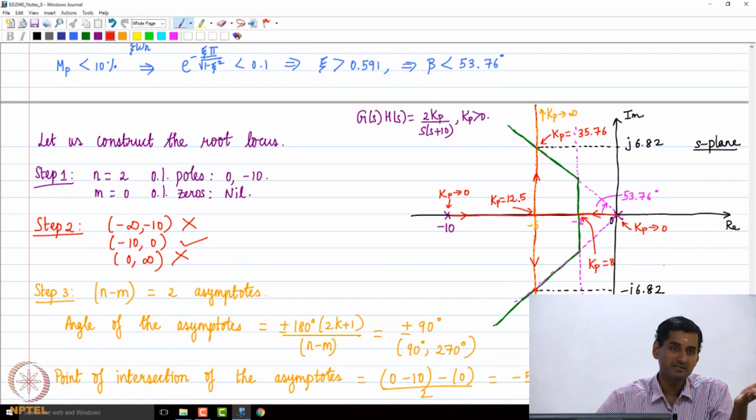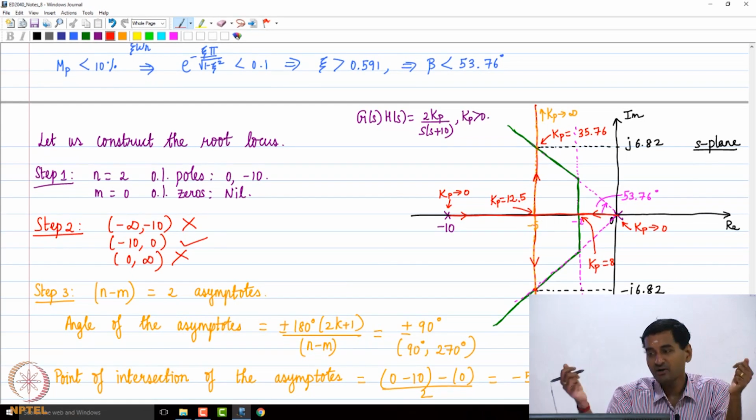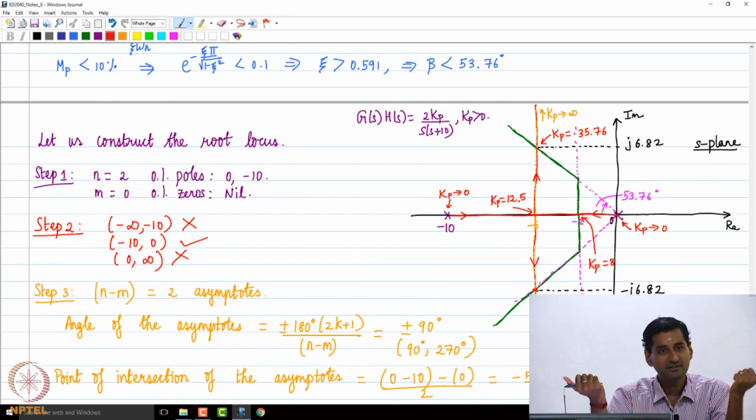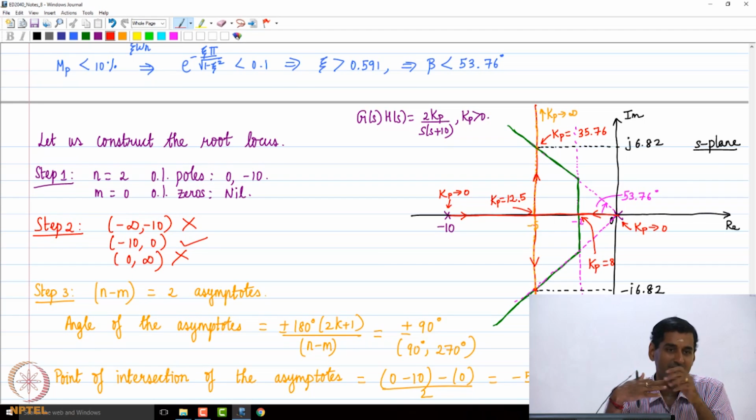They are the closed loop poles. So till Kp equals 12.5, you can immediately see that both branches are on the real axis. So then what can you say about the closed loop poles? They are real. If you have two real distinct poles for a second order system, what is it called? Overdamped, right. So at 12.5 they intersect, they become critically damped. And then beyond 12.5, the two branches move away from the real axis. So you have complex conjugate closed loop poles, so the system becomes underdamped.